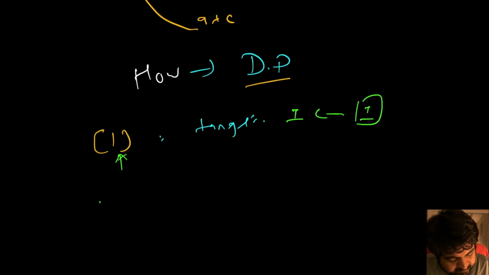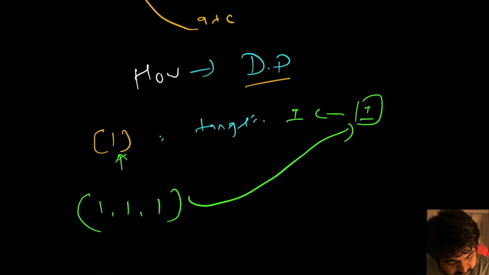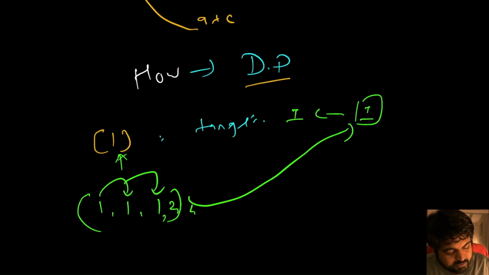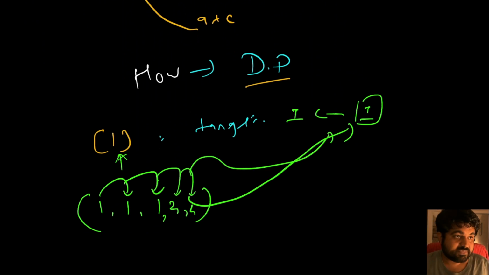But if we are given the values 1, 1 and 1, now in this case the number of ways we can generate the target actually increases with the increment of every single value. Let's say the next value is 2, let's say the next value is 4, and so on and so forth. Whenever new values get added to the equation, the ways for us to generate that particular target become increasingly more.